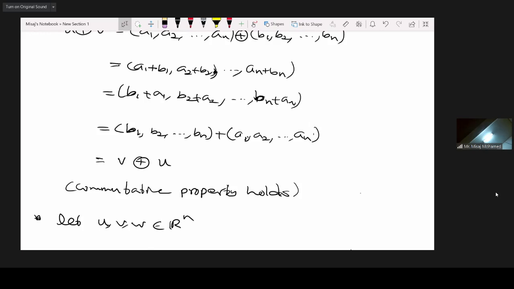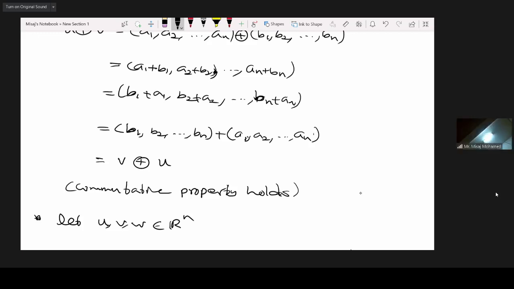Additive identity means if you take any element from Rn, and add it with that identity element, you have to get the same element U. Say U is any element of Rn; if you take an addition with the identity element, you will get again U. So that will be the identity.